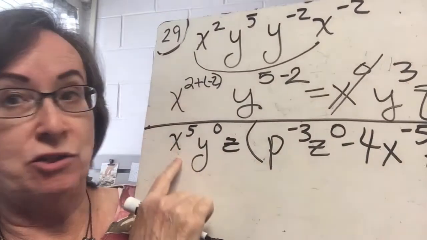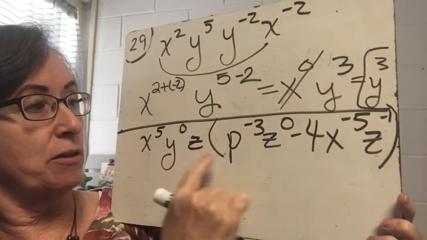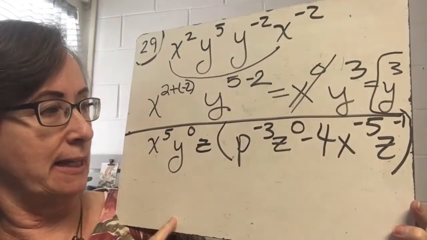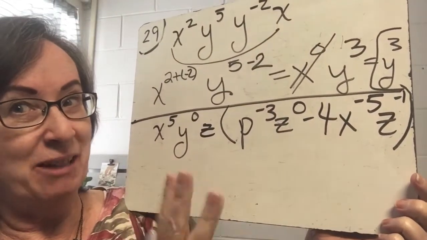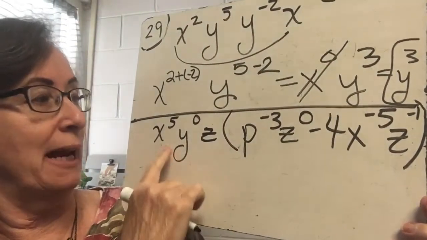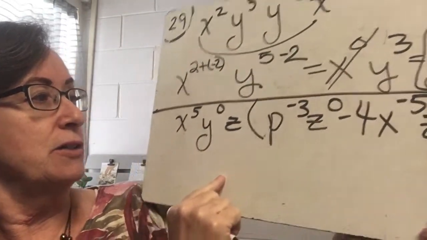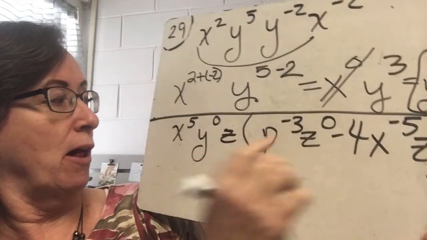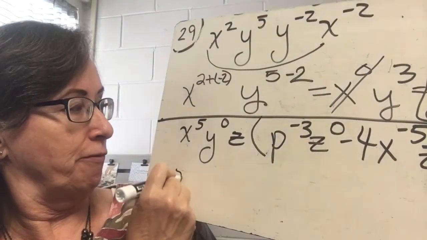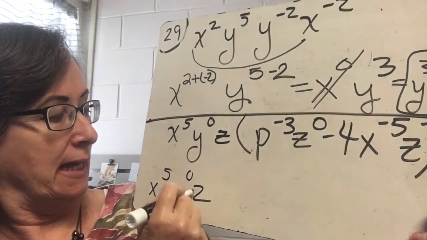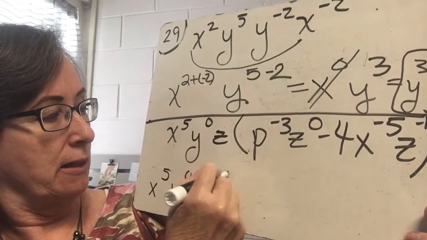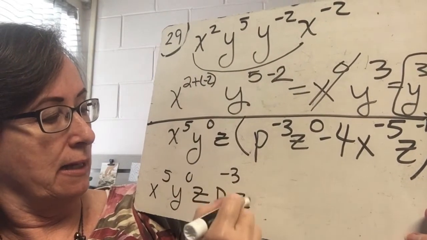Okay, so let's look at this one. We are to distribute this through this whole parenthesis. Since these are not alike, I cannot do anything to them separately, but I can distribute. So I'm going to multiply all this out. X to the 5, y to the 0, z, p to the negative 3, z to the 0.